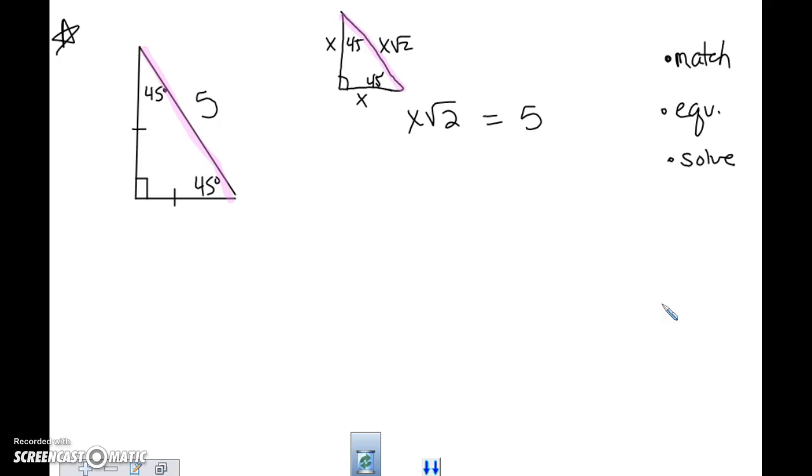So we need to solve for x. We need to know what times radical 2 is equal to 5. So how do we undo x times the square root of 2? Not multiply. Divide. So we're going to divide by the square root of 2 on both sides of our equals.